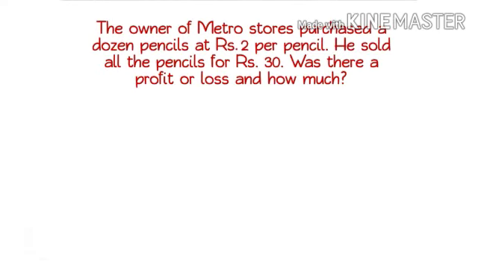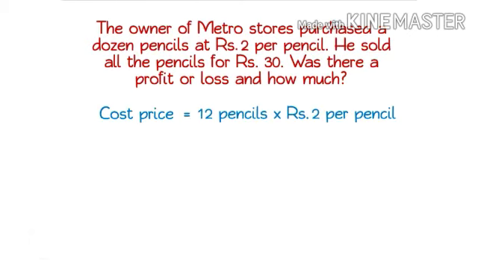The owner of Metro Stores purchased a dozen pencils at rupees 2 per pencil. He sold all the pencils for rupees 30. Was there a profit or loss, and how much? Let us find the cost price first. The owner bought 12 pencils at 2 rupees each.